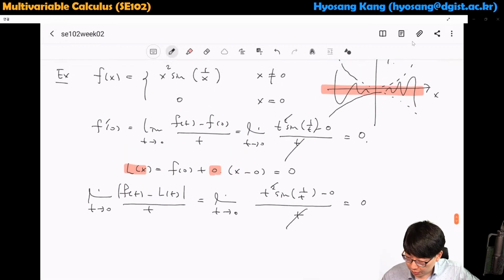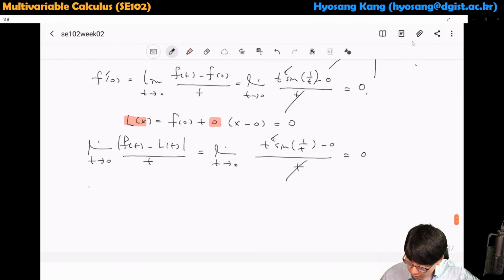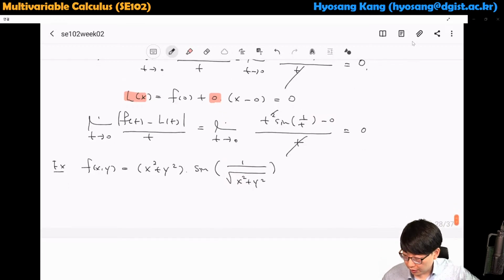Let's try to do something similar in the case of f of x, y equals x squared y squared sine 1 over x squared y squared here. Okay.